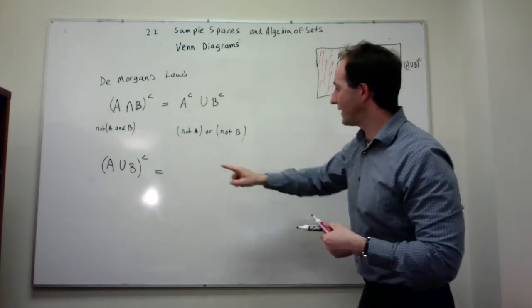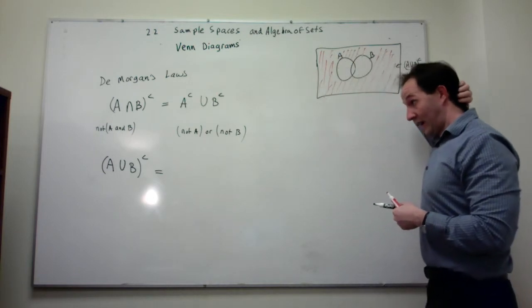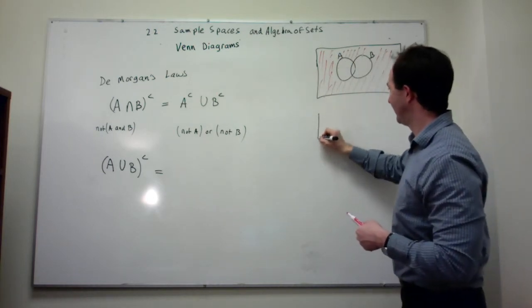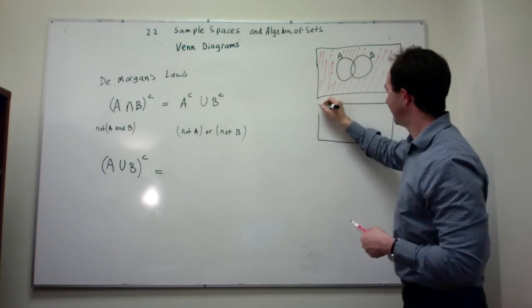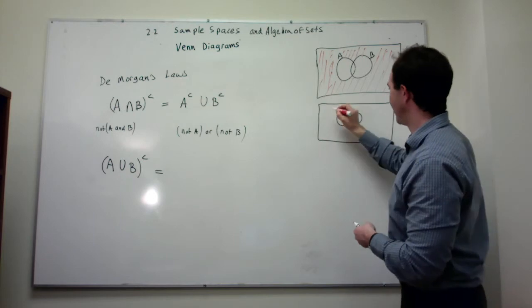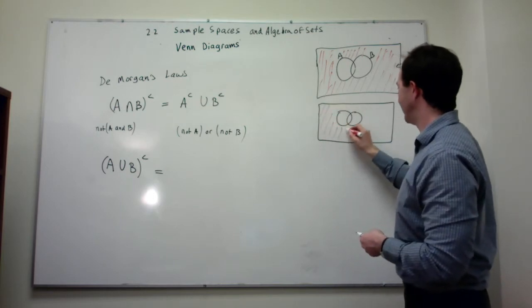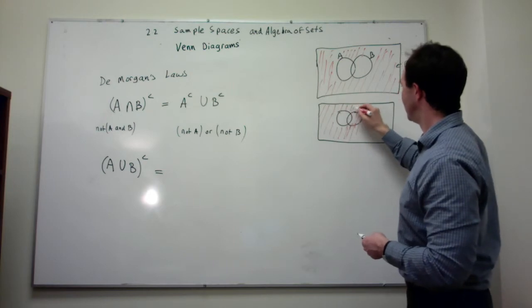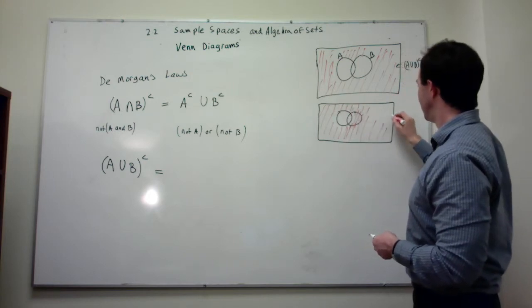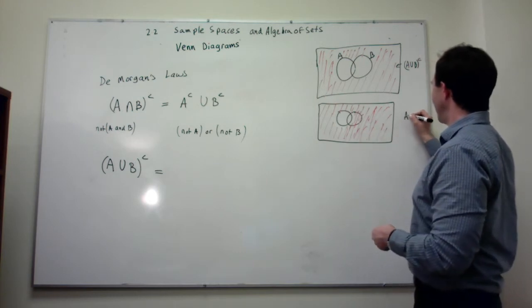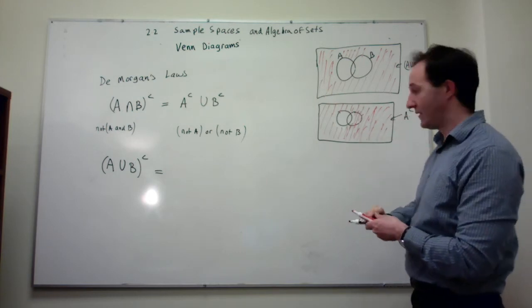And so this second law has an interpretation where I can express this in terms of A complement and B complement. So let me shade those out. I'm going to again write A complement here. That's the set A complement that I've shaded.